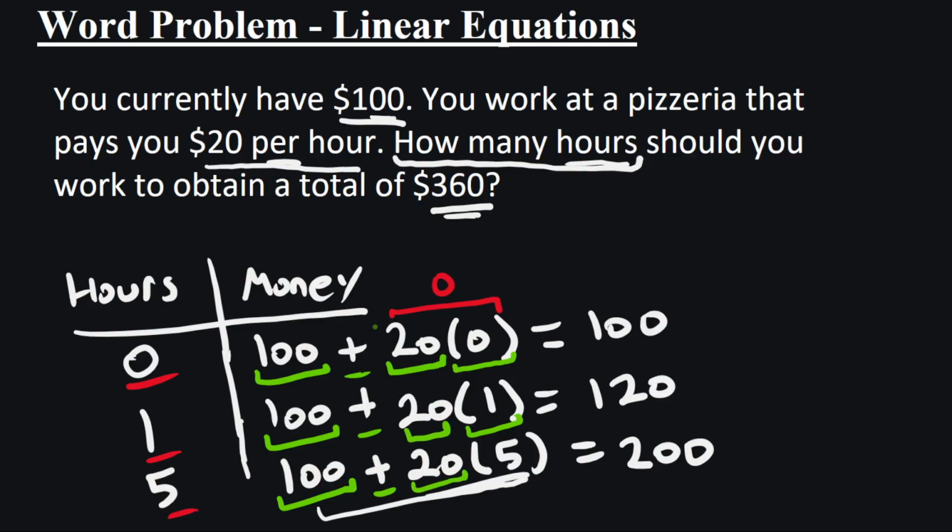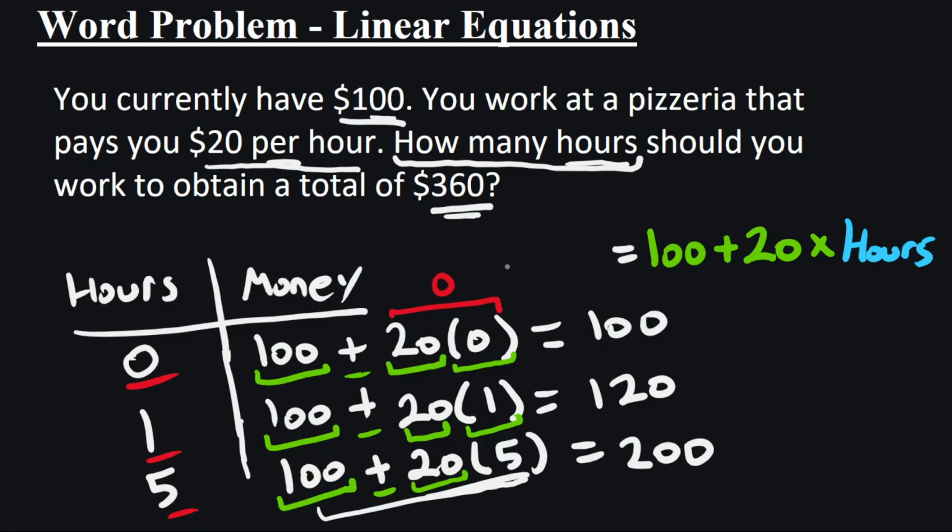So they all have a few things in common. They all have 100, and they're all adding 20 times how many hours worked. So instead of writing 0, 1, or 5, let's just write hours. And what does this equal?